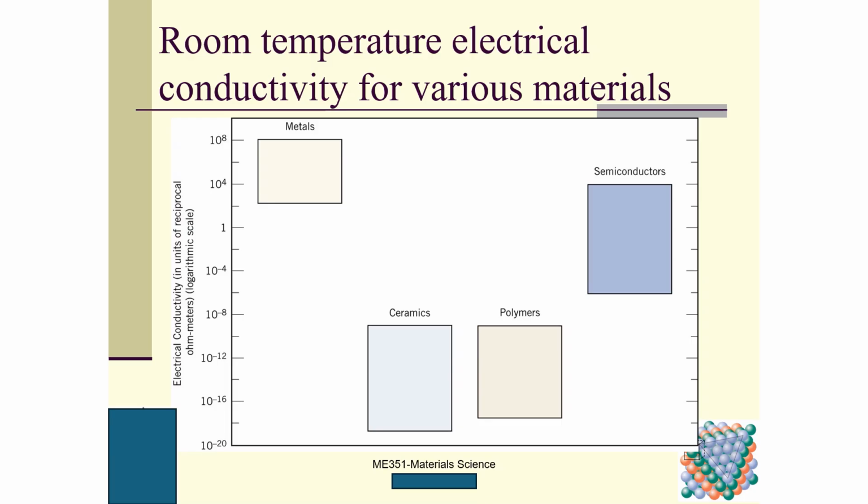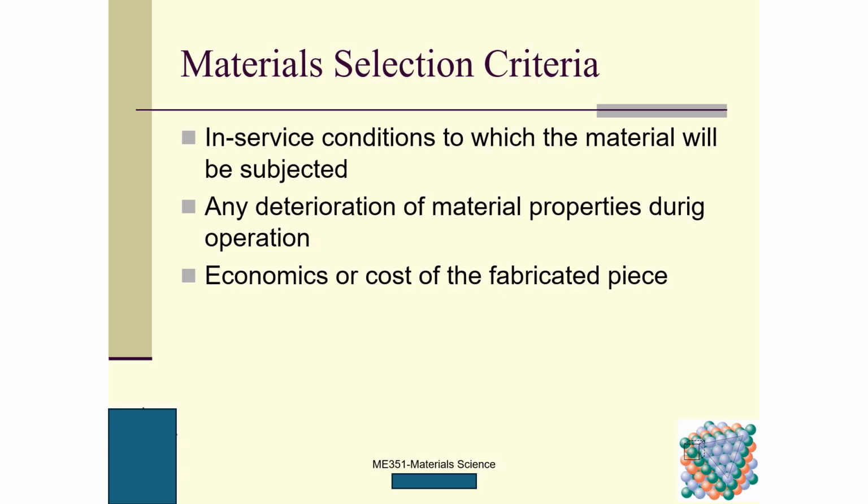We have ceramics, and we have polymers, and in this slide we did not label the composites because in terms of electrical conductivity, the composites depend on the materials. The composites can have very various electrical conductivity. So that's the reason people did not list electrical conductivity for composite materials here.